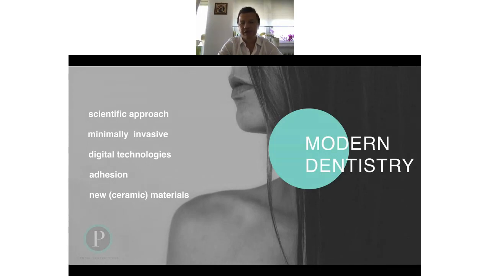I think it was easier 20, 30 years ago to be a dentist, because there were not so many materials, not so many technologies, not so many preparation techniques, and you only had to answer the patient's demand, their request, to improve their look, to make their smile, reestablish their smile harmony, to make them a new healthy smile.